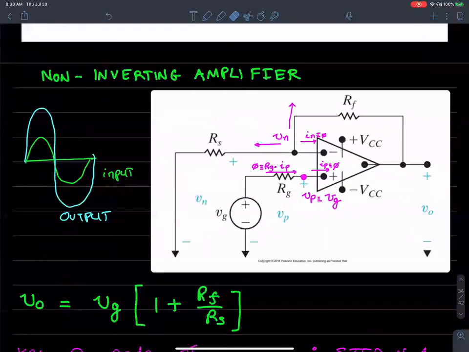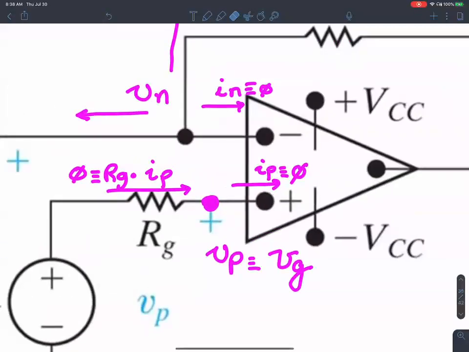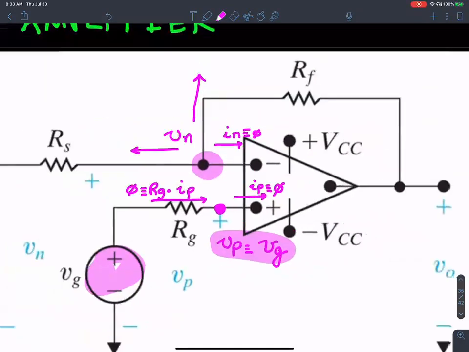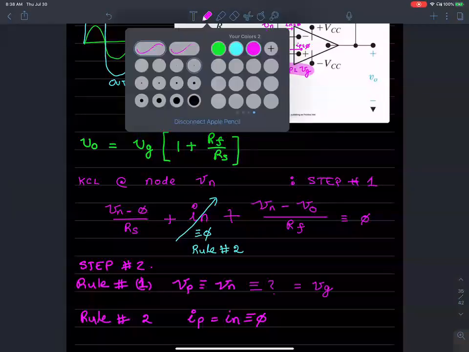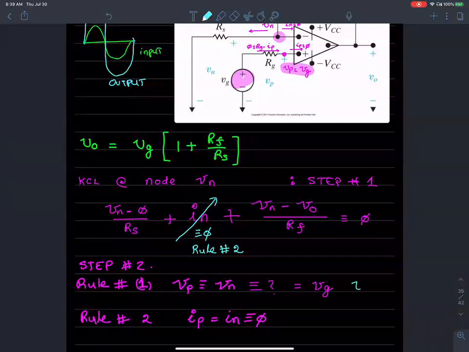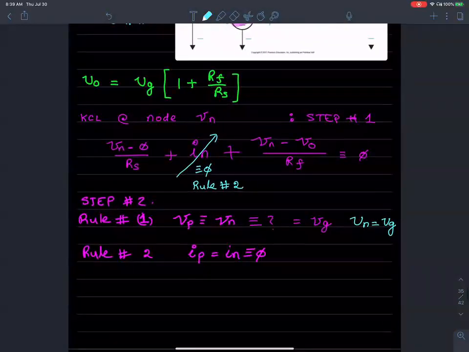So Vp is exactly the same as Vg, and that's exactly the same as Vn because of rule number 1. Rule number 1 tells me that Vp equals Vn, which is exactly the same as Vg. Therefore, I can change these values to mean that Vn equals Vg, because of virtual short.